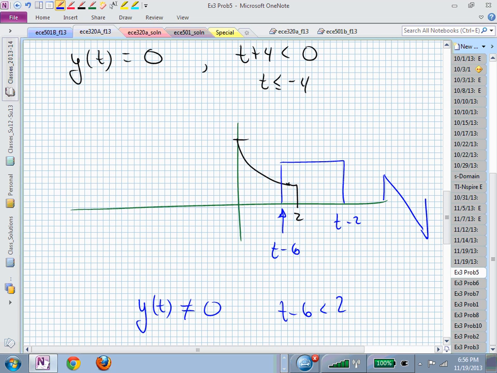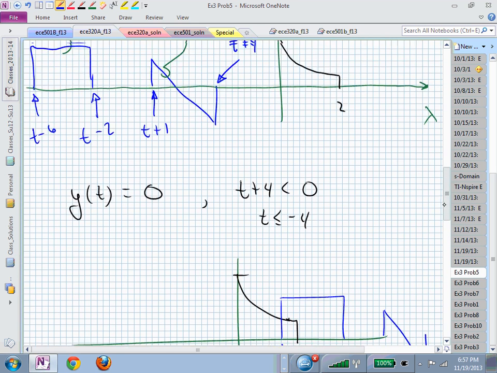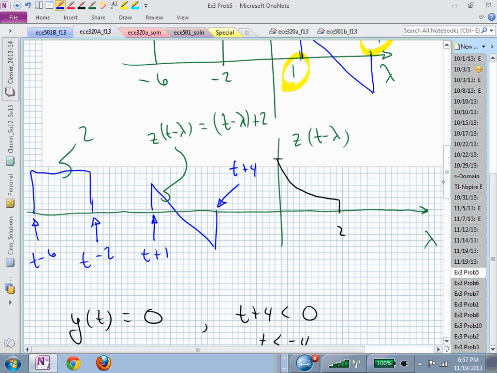I skipped all sorts of cases to get to this. I jumped to the end. I jumped all the possible overlap patterns to get to that picture. But in a convolution, you have to slide it gradually through all of the cases. If you needed to find the entire answer, you would start with this one and then start sliding it through and see, when do I get unique overlap pictures?